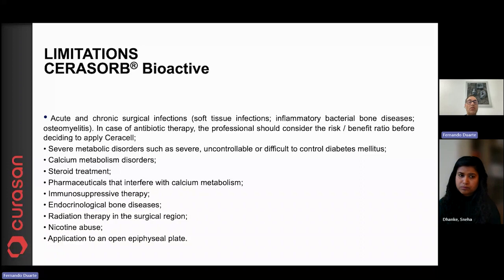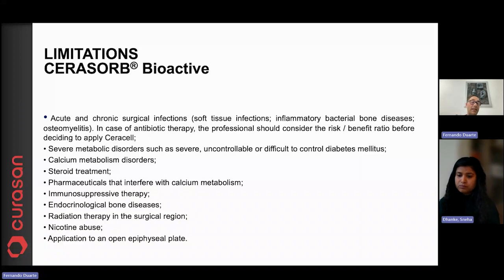Of course, acute and chronic surgical infections are not only for the bioactive, but for all biomaterials a case of risk. It's important to treat before. Severe metabolic disorders are also very important to treat. Calcium metabolism, steroid treatment. The medical history of our patients must be very well known before we do surgeries.